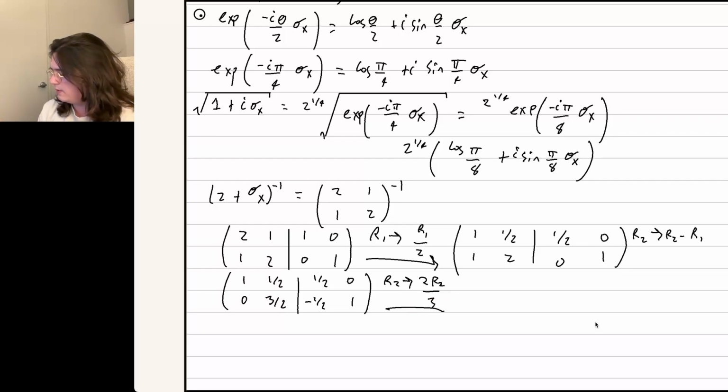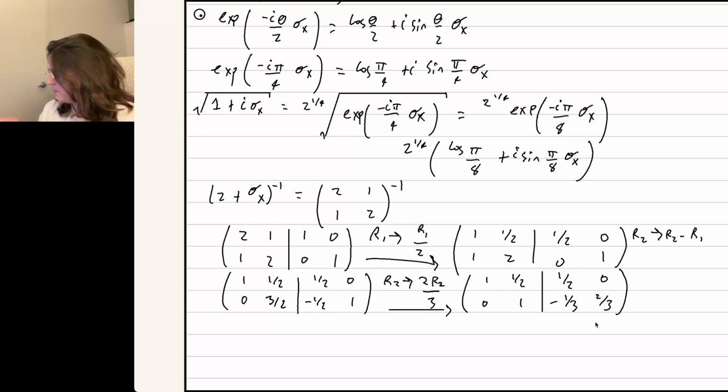So you'll get 1, 1/2, 1/2, 0, and 0, 1, minus 1/3, 2/3, right?